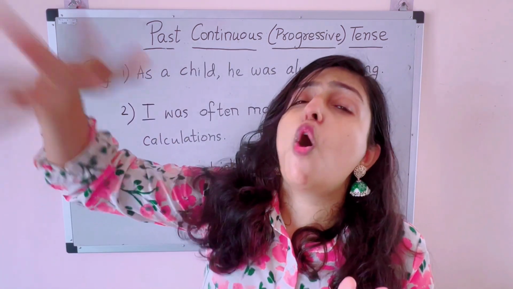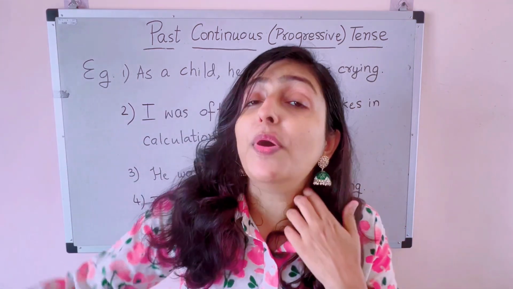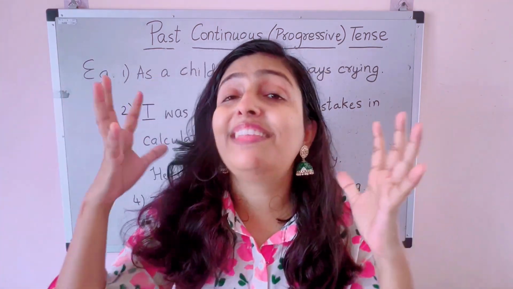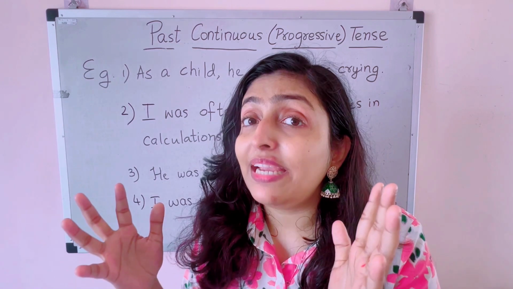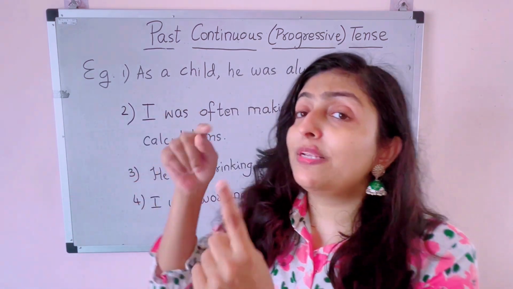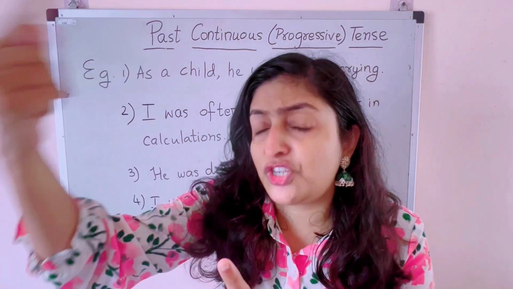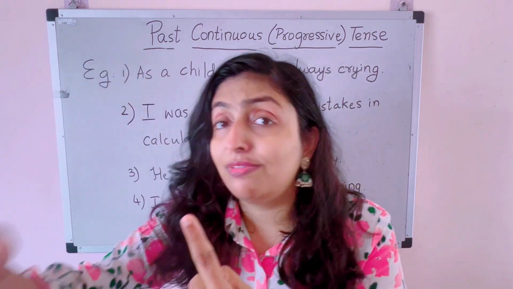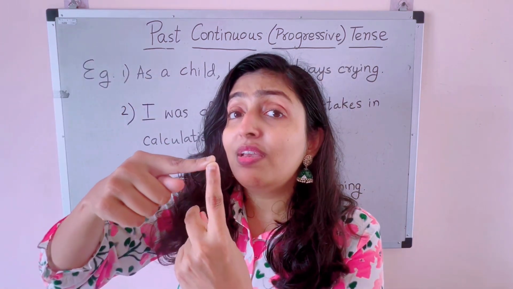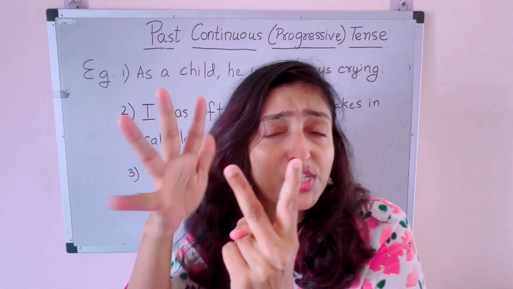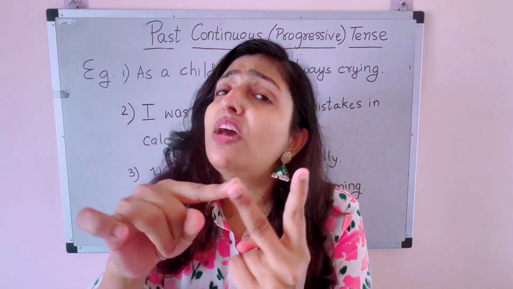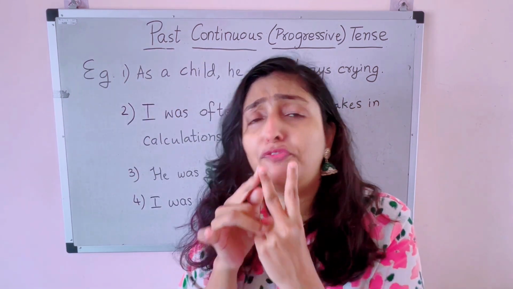It's not long lasting. It's not permanent. So what are the things that you need to keep in mind? In these examples, you will see a habitual action, a frequent action that happened in the past. Then you will see that there is no starting point of time and there is no ending point of time.